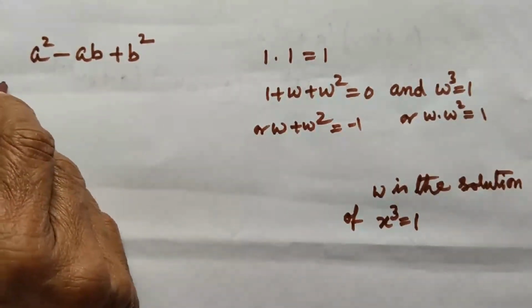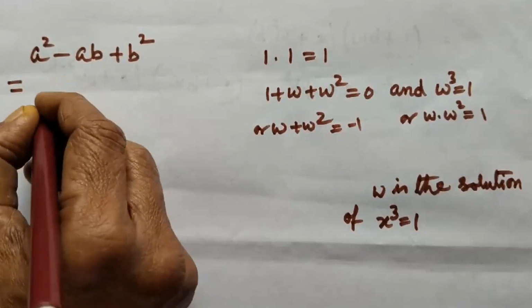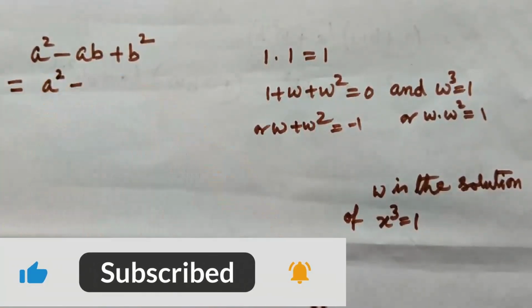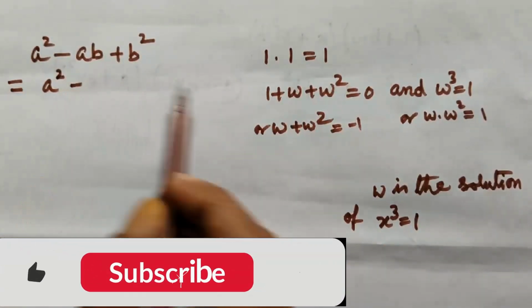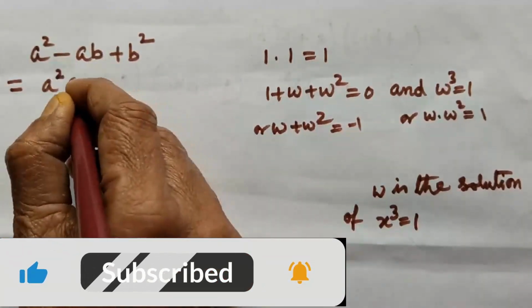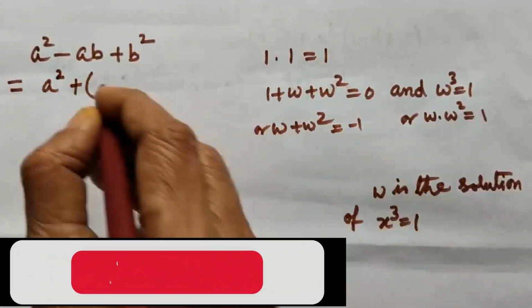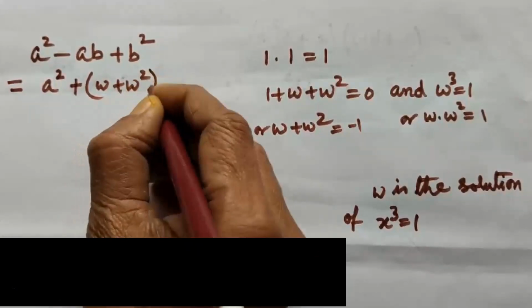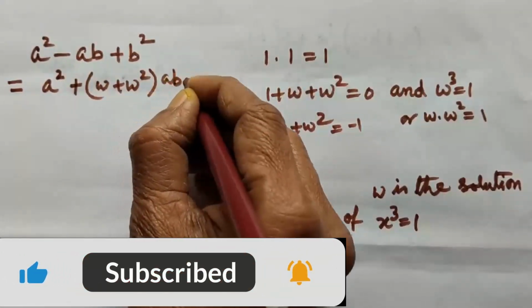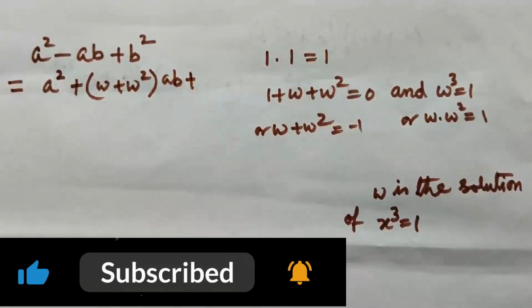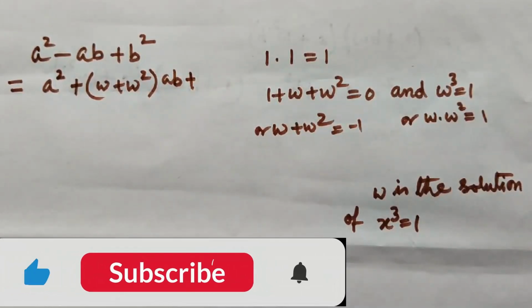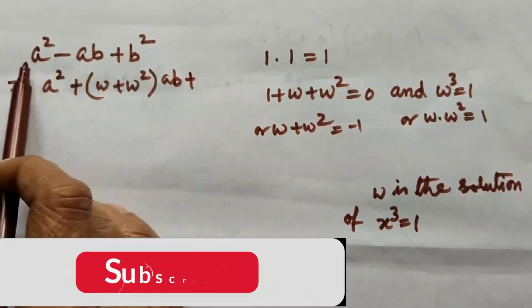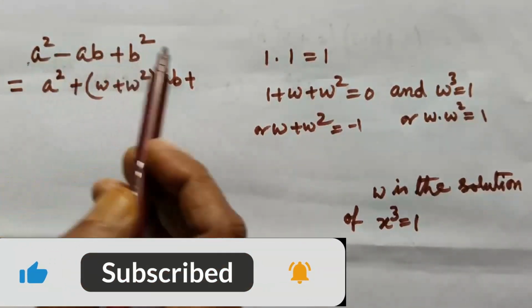So, to factorize, write a square minus, in place of minus 1, we are writing omega plus omega square, into ab plus another thing should be fulfilled: the product of coefficients, that means the a square coefficient and b square coefficient. Now it is 1 in both cases.